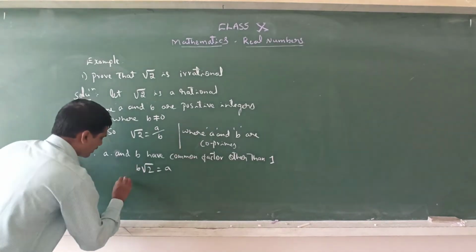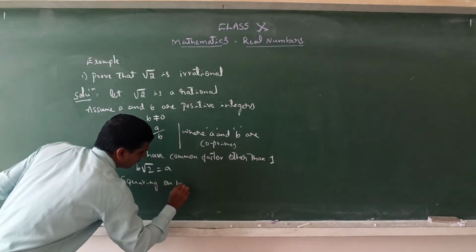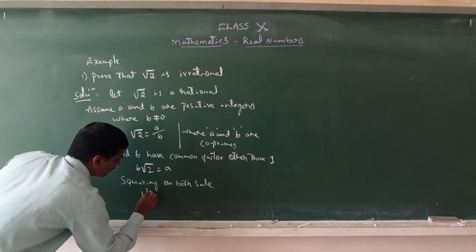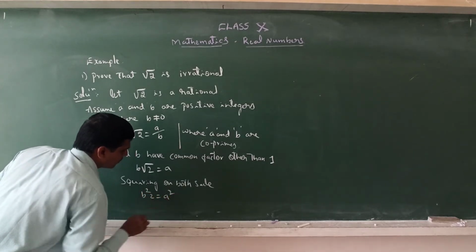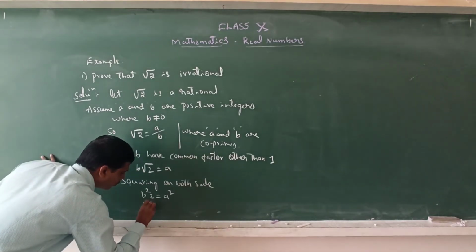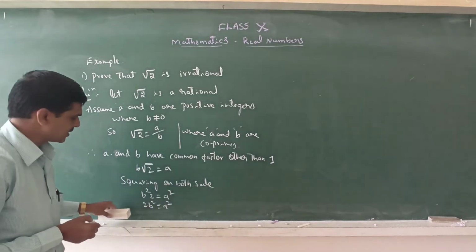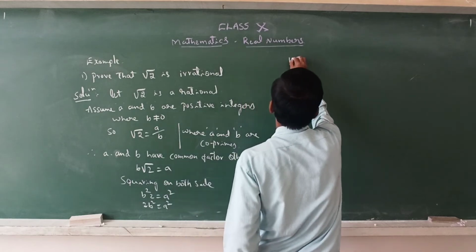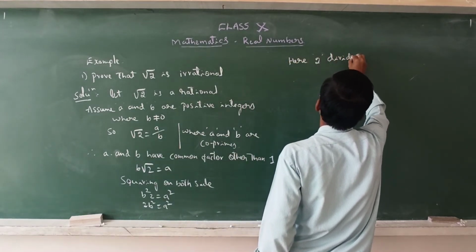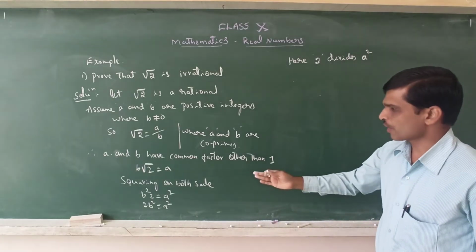Now squaring on both sides, you will get b square into 2 is equal to a square, or 2b square is equal to a square. It says that 2 divides a square.